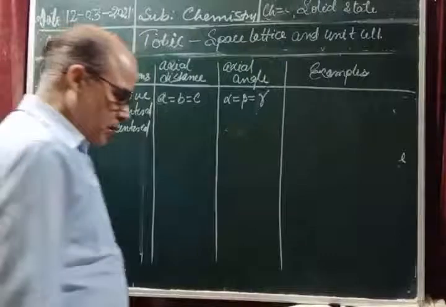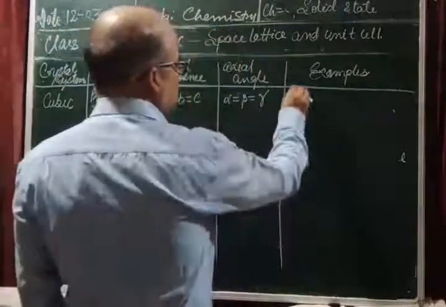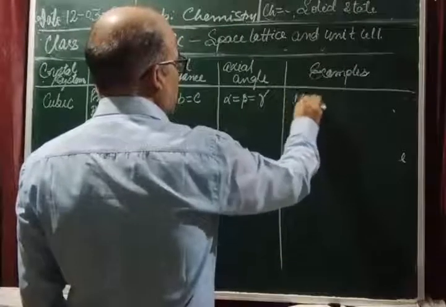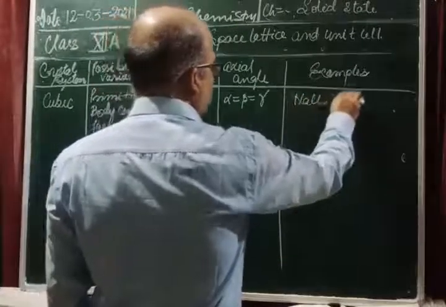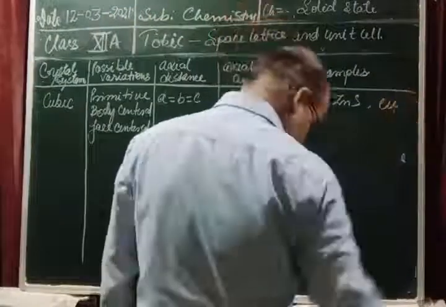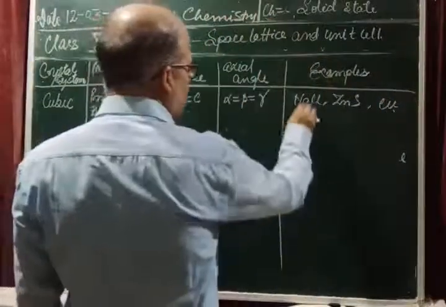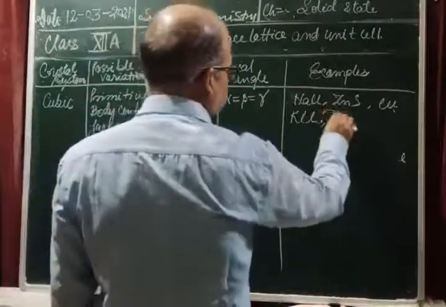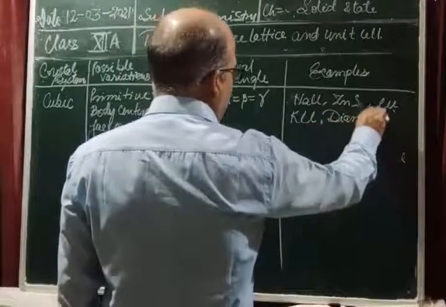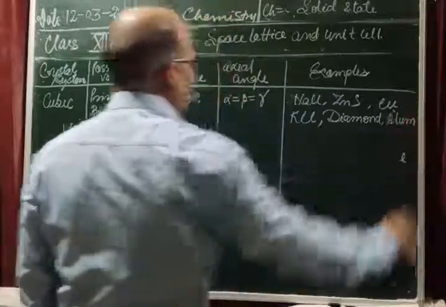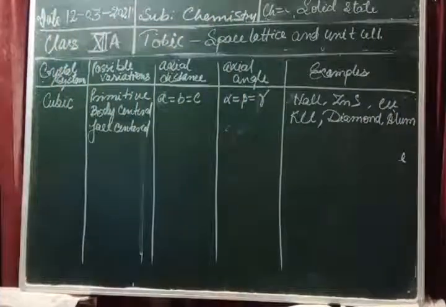And the examples are NaCl, ZnS zinc blende. You can take copper also, Cu, and KCl like NaCl, and diamond. These are the examples of cubic system.